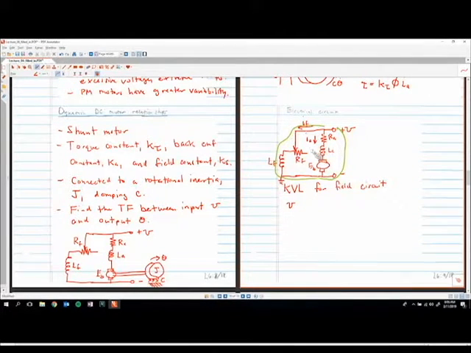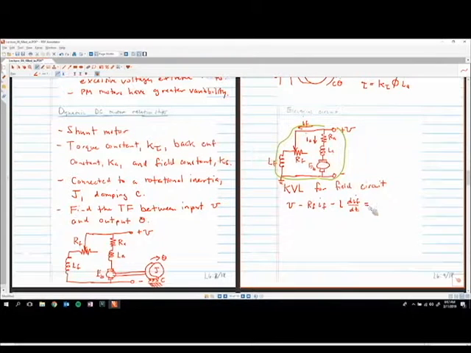I'm going to then have a drop in voltage across this resistor, given by Ohm's law, so a drop in voltage of R_F I_F, and then a drop in voltage across the inductor of L_F dI_F/dt.